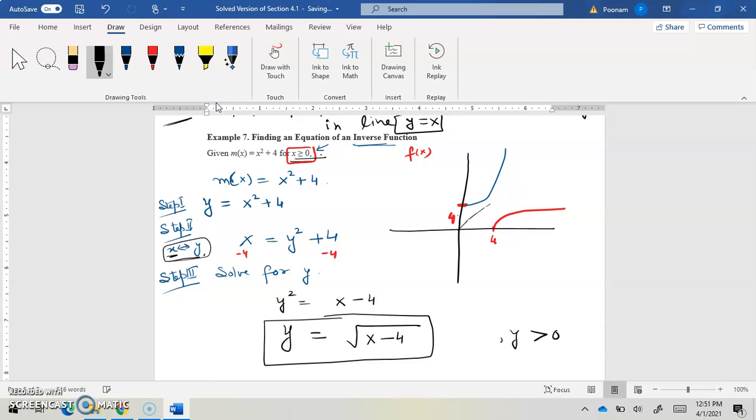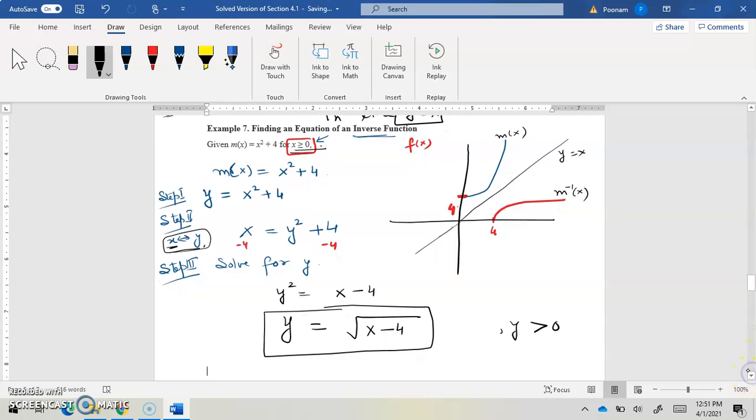So this line here, if you draw y is equal to x, then this is the function m of x and this is the function m inverse of x. So whatever y you have solved, that is m inverse of x, because the function's name was m here. So that is square root of x minus 4, your answer.